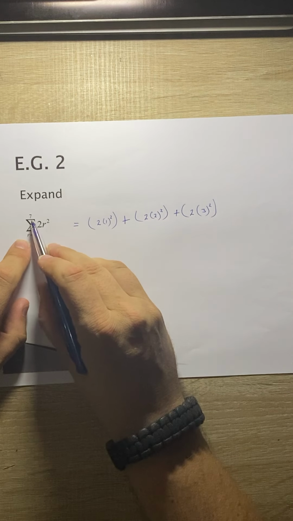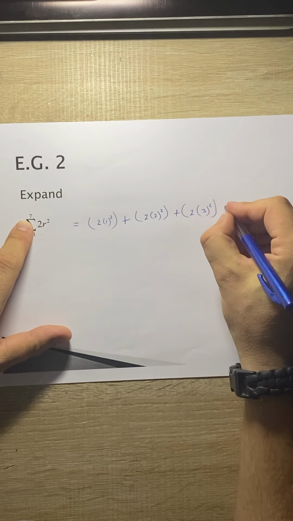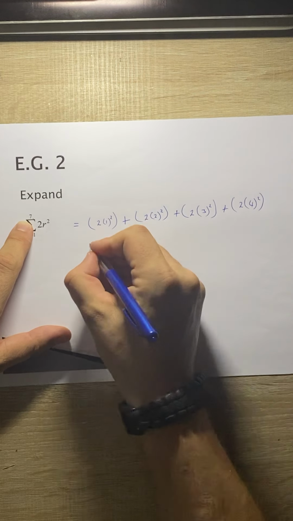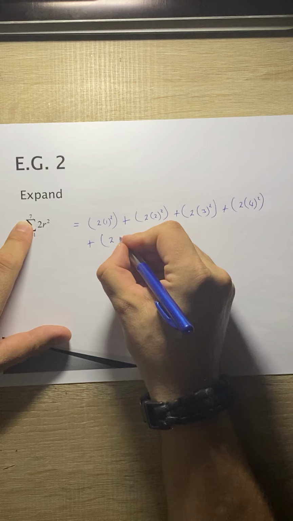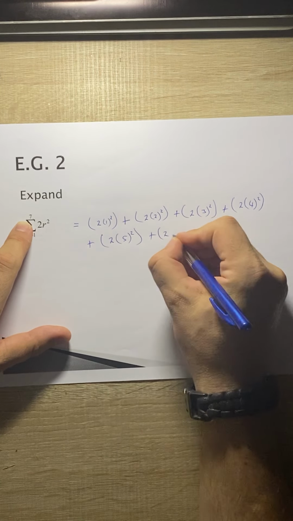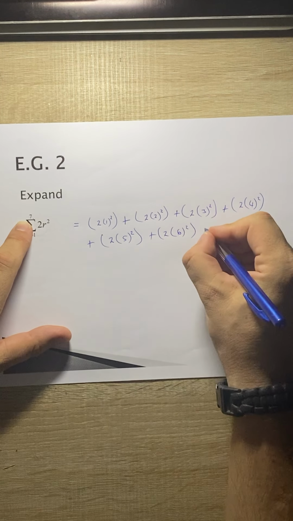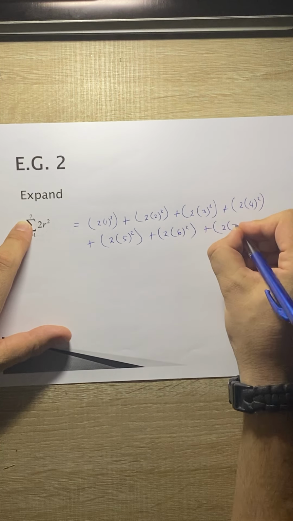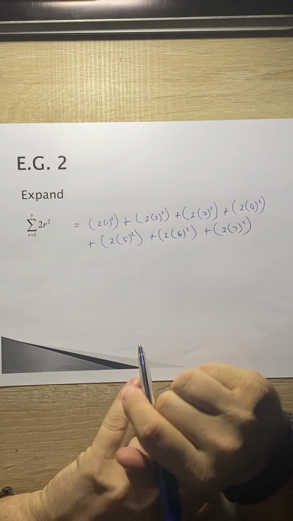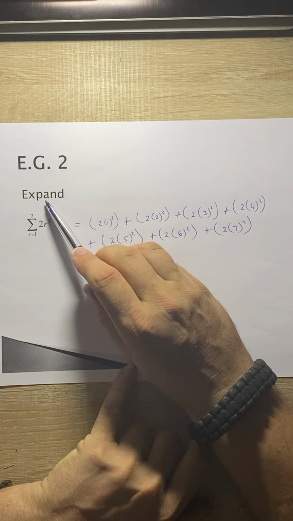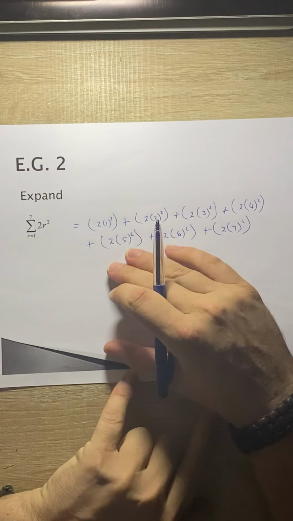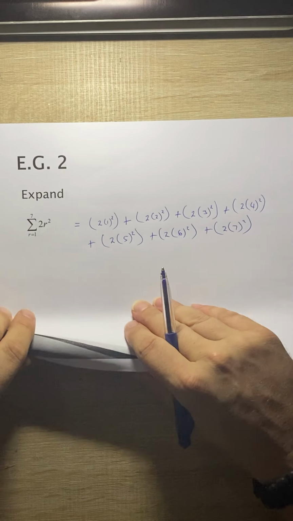I carry on doing that until I get to 7: plus 2 times 4 squared, plus 2 times 5 squared, plus 2 times 6 squared, and then the last one, 2 times 7 squared. Now, I don't have to find the exact value because they just asked us to expand it. I'll show you in a later lesson how we solve that.